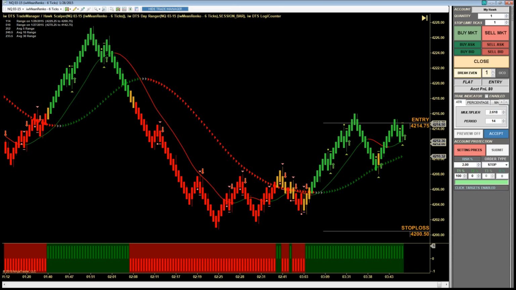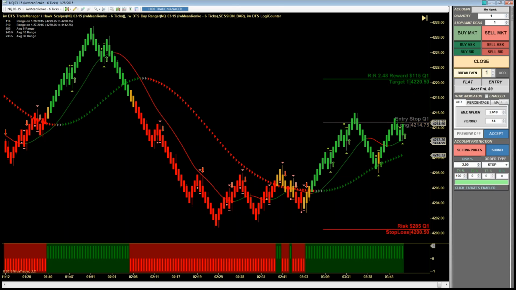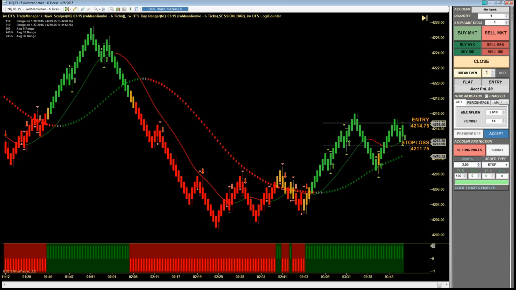What happens if I trade it down to here? Oh, look, I've got $420 at risk, essentially the same amount. What if I run my stop way down here below the swing low? Oh, I went a little bit too far.